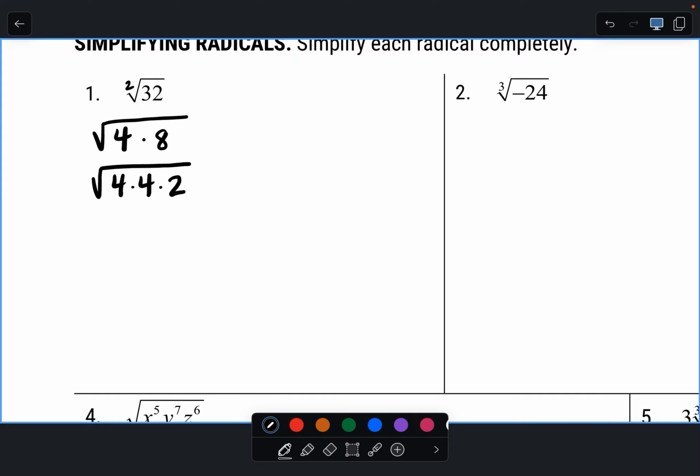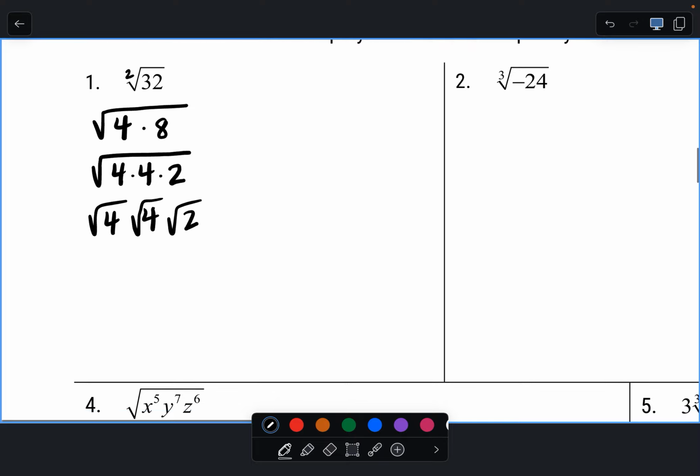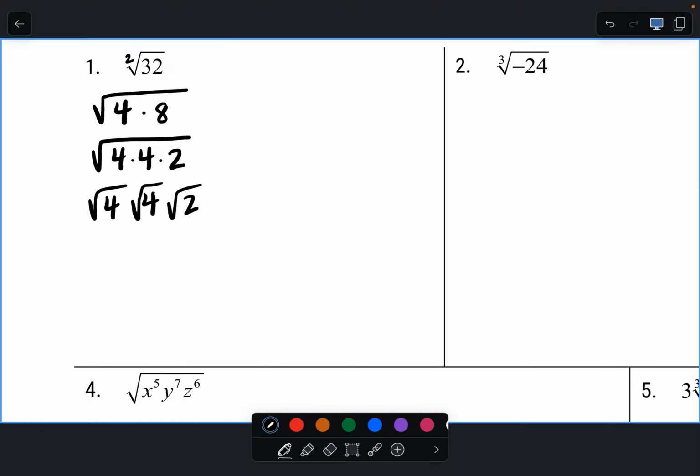Now, we said the cube root of -1 is -1. What is the cube root of 8? 2. And then we have the cube root of 3. Your last and final step is that any numbers that you pull out of the radical get multiplied. So this would be -2 cube roots of 3.